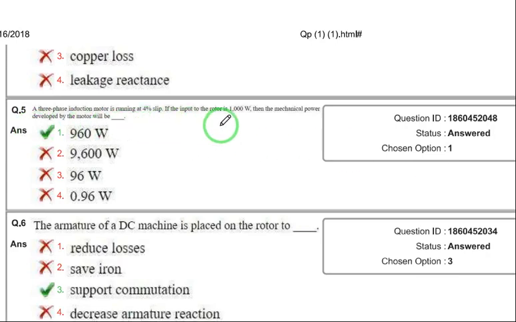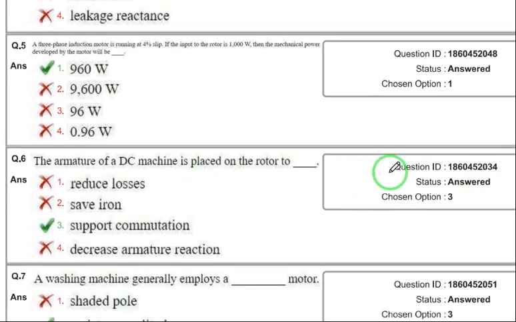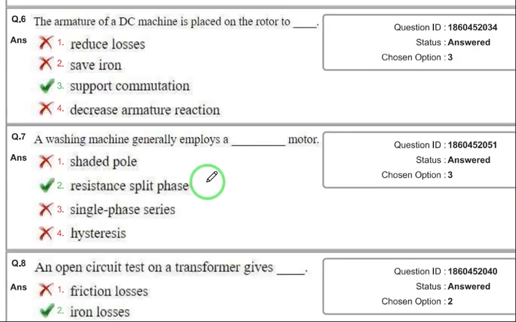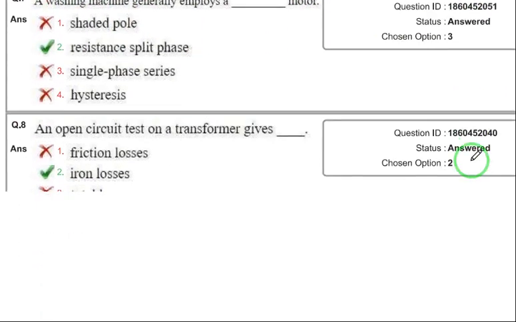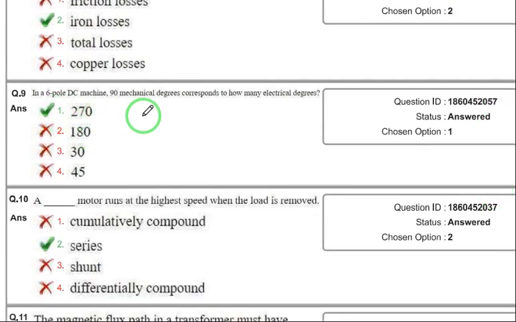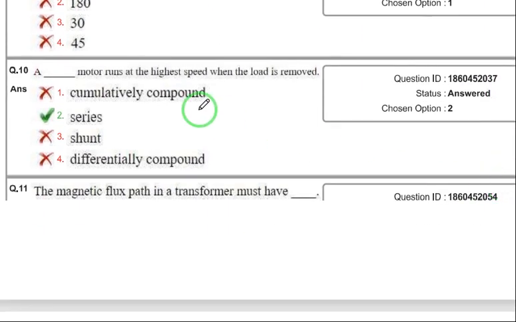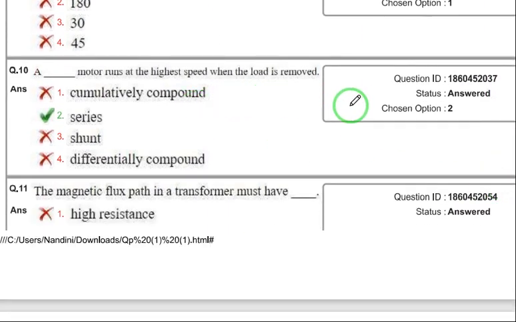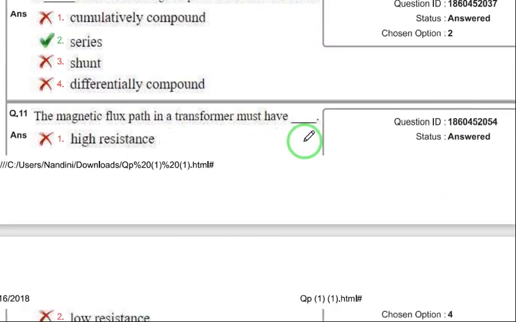If the input to the rotor is 1000 watts, then the mechanical power developed by the motor? And the armature of a DC machine is placed on the rotor to which one? And a washing machine generally employs a dash motor. An open circuit test on a transformer gives? And in a 6-pole DC machine, 90 mechanical degrees correspond to how many electrical degrees? Dash motor runs at highest speed when the load is removed. A magnetic flux path in a transformer must have?